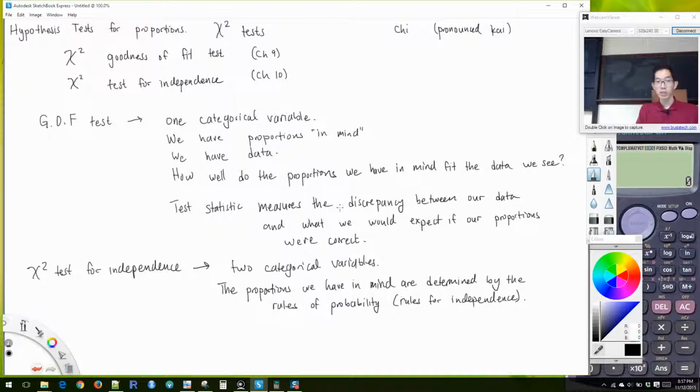Then we ask this question: how well do the proportions we have in mind fit the data we see? And our test statistic measures the discrepancy between the data and what we expect if things were independent.